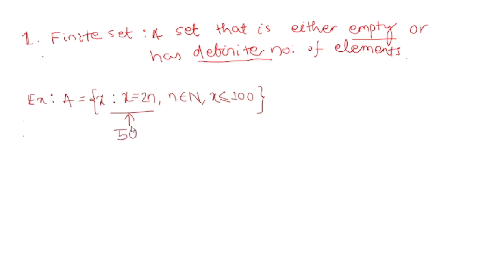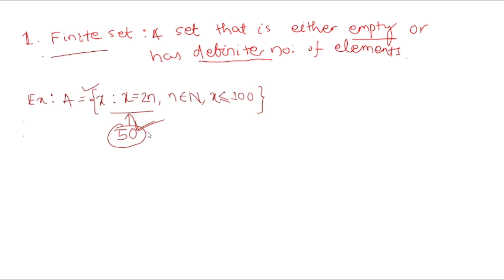There are 50 elements, because up to 100 there are 50 even natural numbers. So we can say that this is a finite set because 50 is a definite number. We can list them one by one.